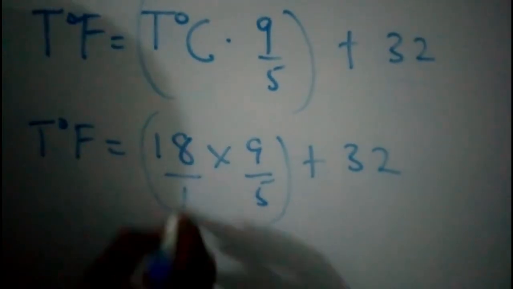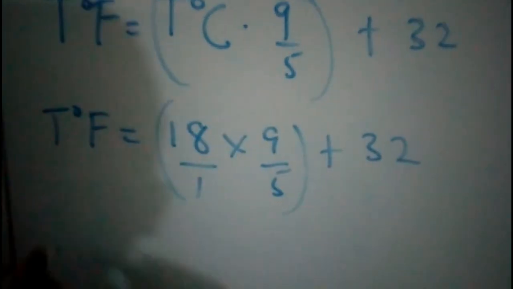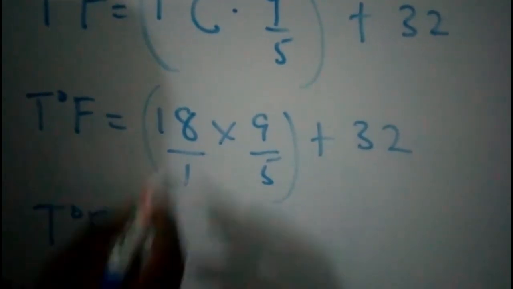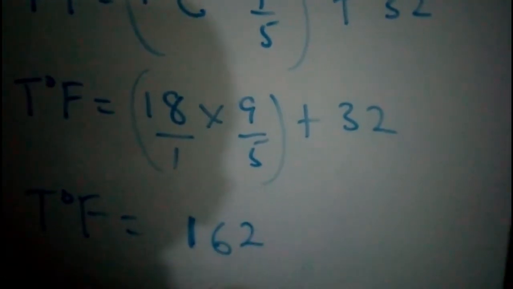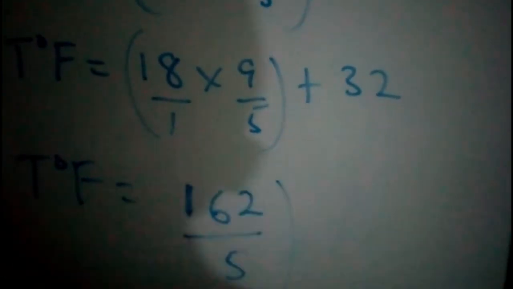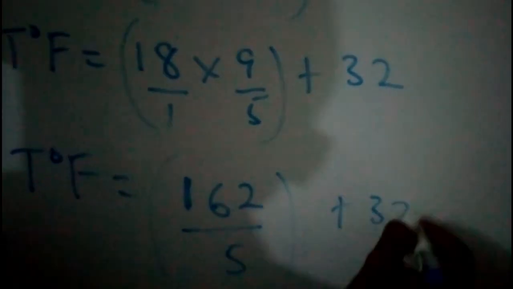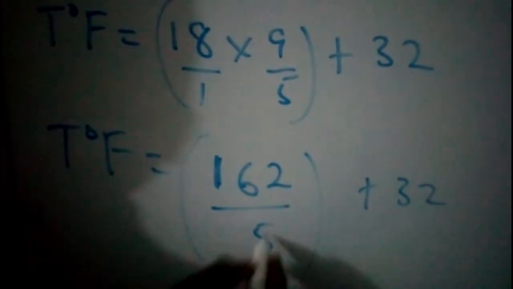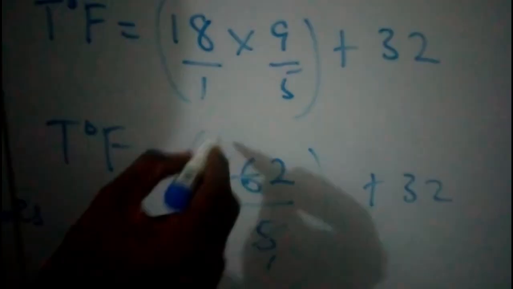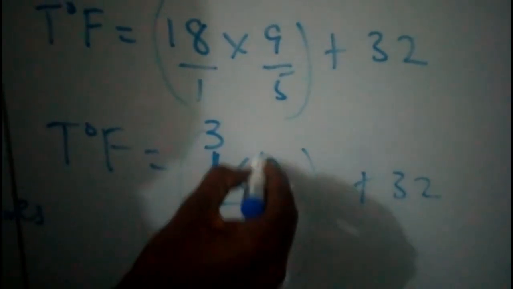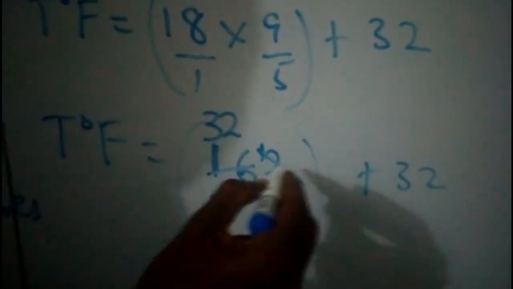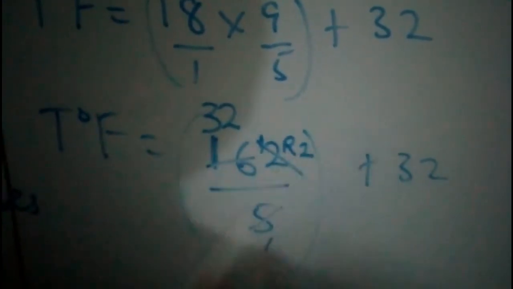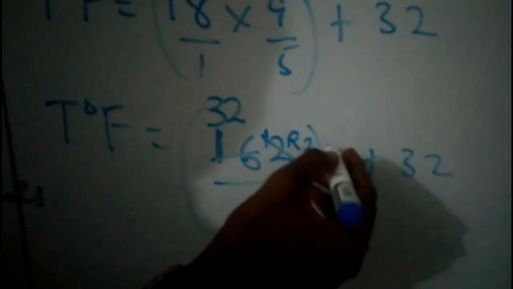There's nothing to cancel here, so we have to multiply the numerators. 18 times 9 gives you 162, all over 5, still in bracket, plus 32. So we have to divide out here. 5 in 16 is 3. Remember 1. Put the 1 there to make this 12. 5 in 12 gives you 2. Of course, 5 cannot go in 2, so you add 0 to it.